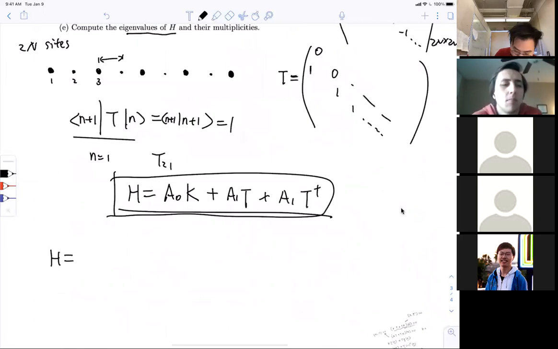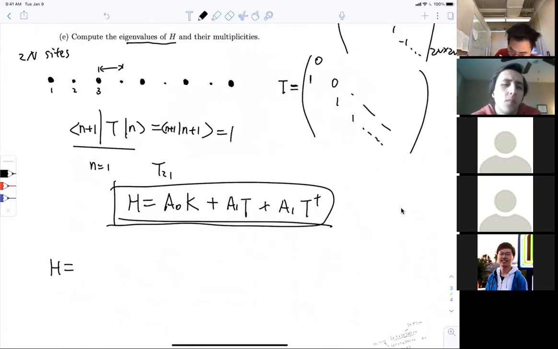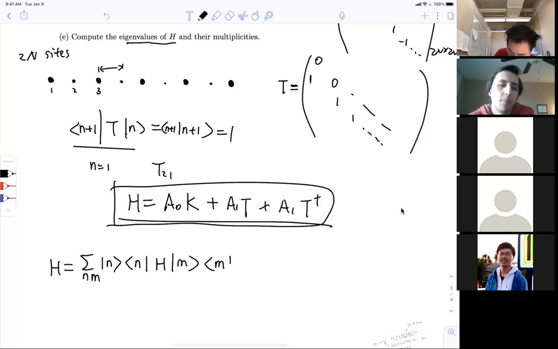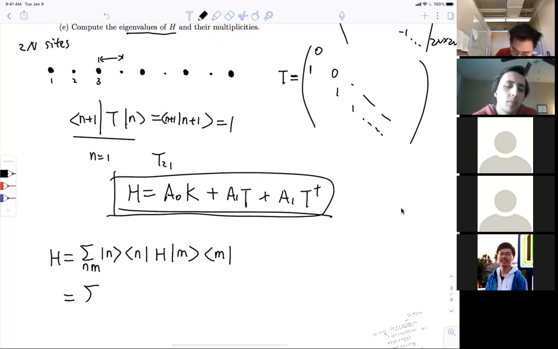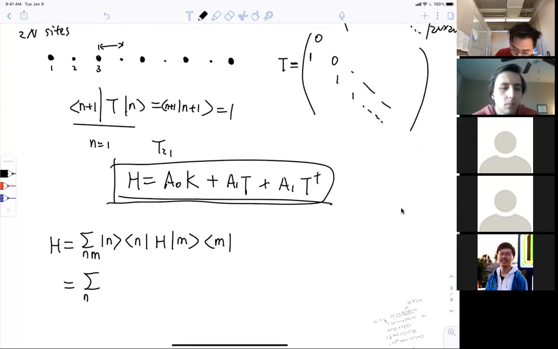Let's write H in another way. This is the Hamiltonian, and I'm just trying to give you some intuition and make some connections to the solid state Hamiltonian we usually use.